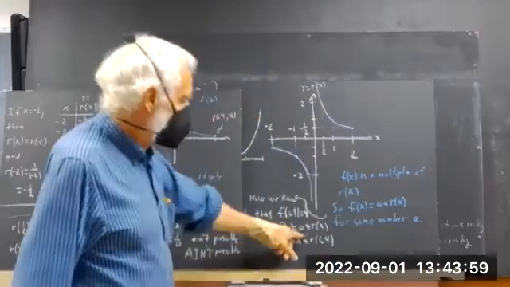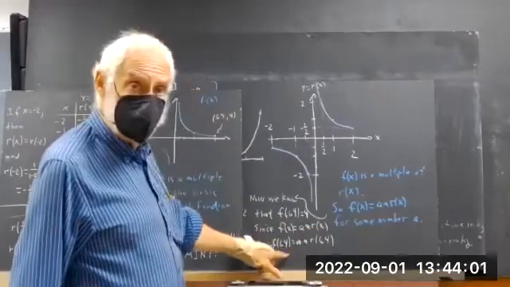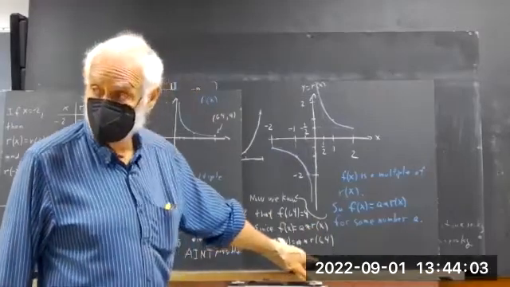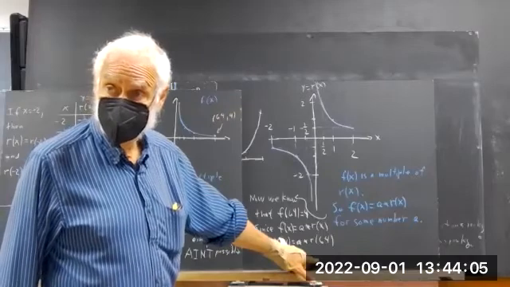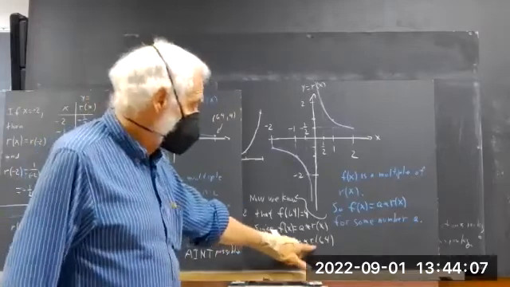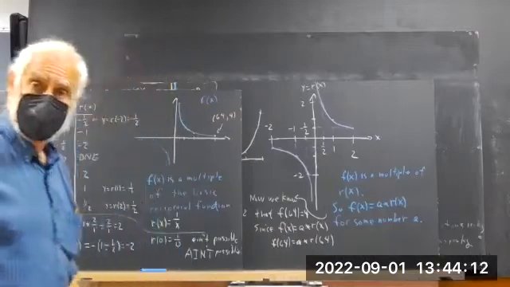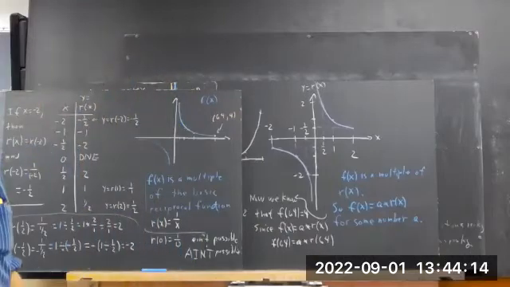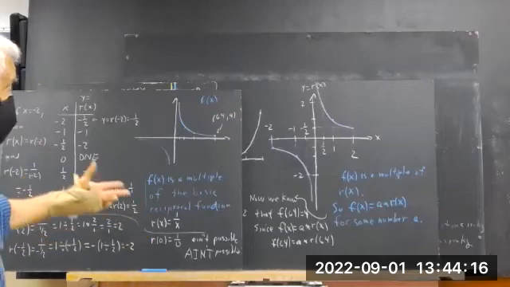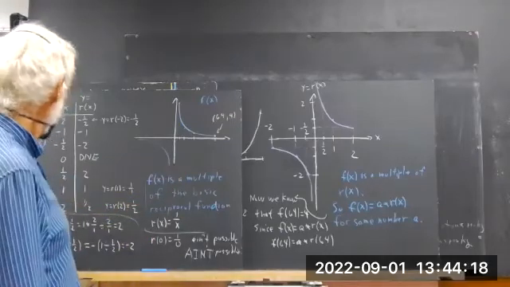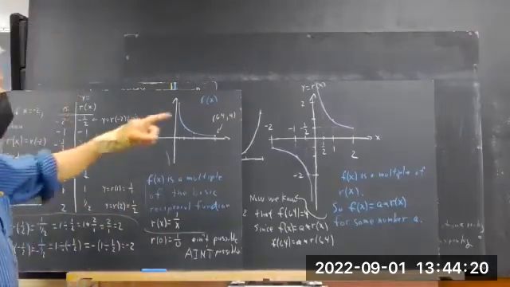Okay, if f of x is a times R of x, then f of 64 has to be a times R of 64, right? And what's R of 64? Well, R of x is 1 over x, right?